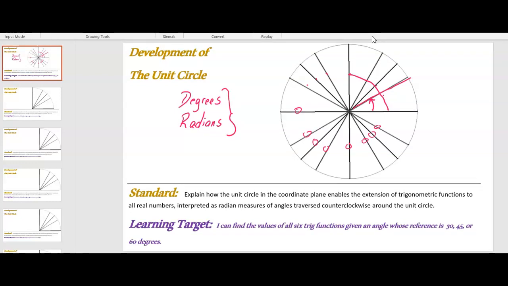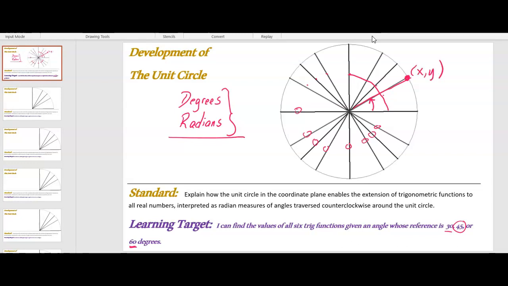Every angle in the unit circle, those are the important angles. And all of these angles, and we're going to explore this in a minute, are multiples of 30, 60, or multiples of 45 degrees. But then you also need to know every single one of these points.